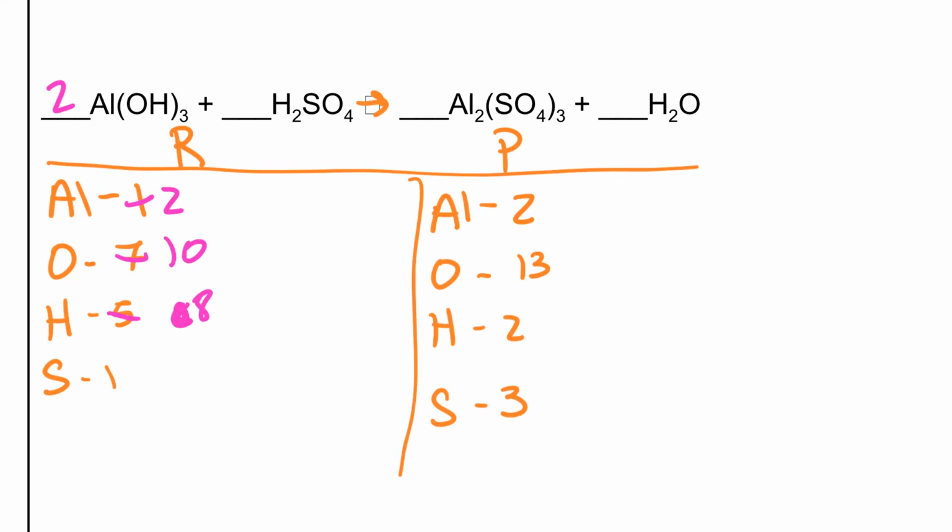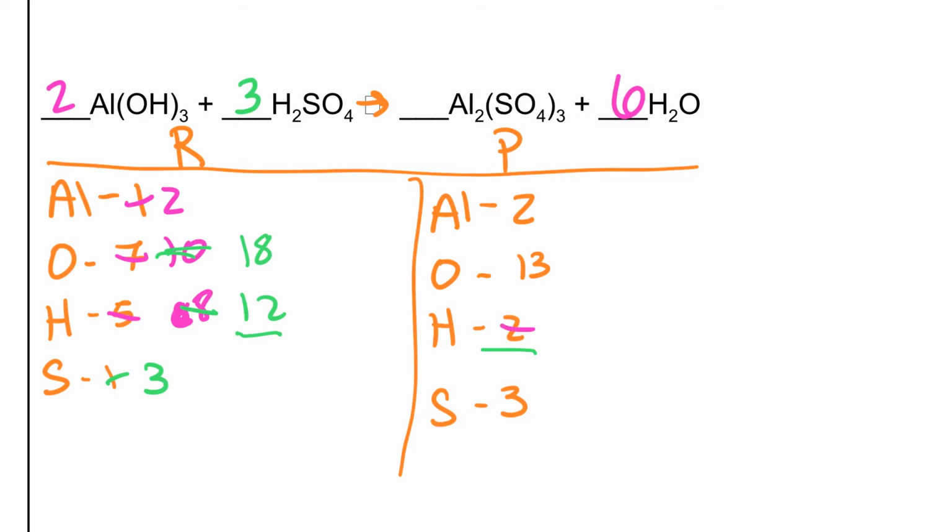I'm going to balance them by putting a 3 in front of my H2SO4. And when I do that, I end up with 18 oxygens on the reactants, 12 hydrogens on the reactants, and 3 sulfurs on the reactants. Now, if I look over on my product side, I have 12 hydrogens on the reactants, but only 2 hydrogens on the products, which means I need to put a 6 in front of the H2O to balance it.